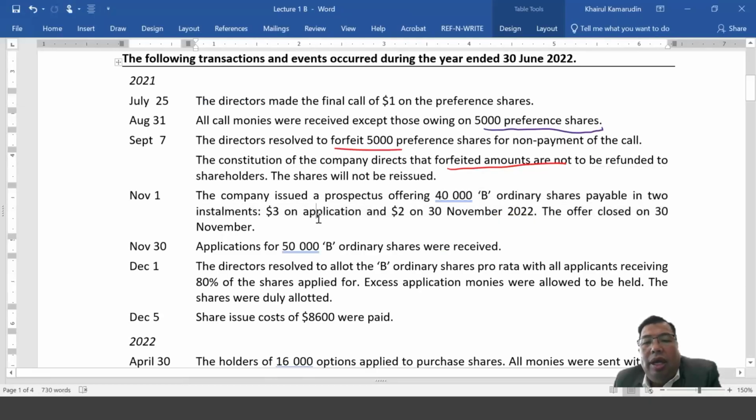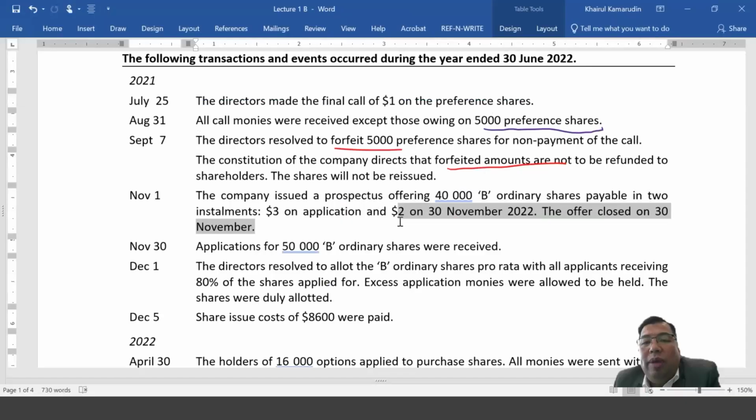Okay. $3 on application. When they submit the application, they pay $3 and $2 on 30th November. The offer closed on 30th November.